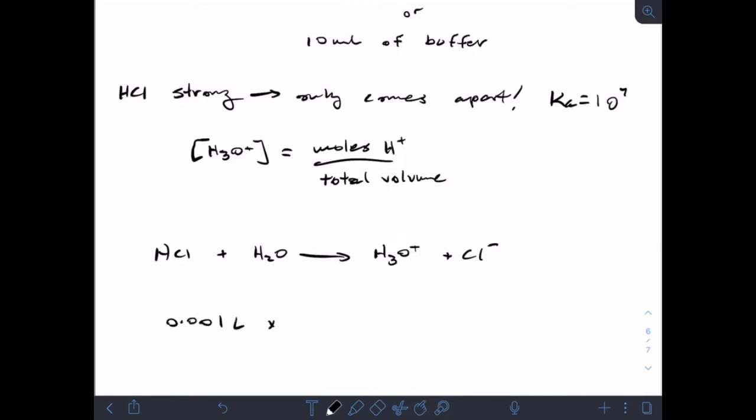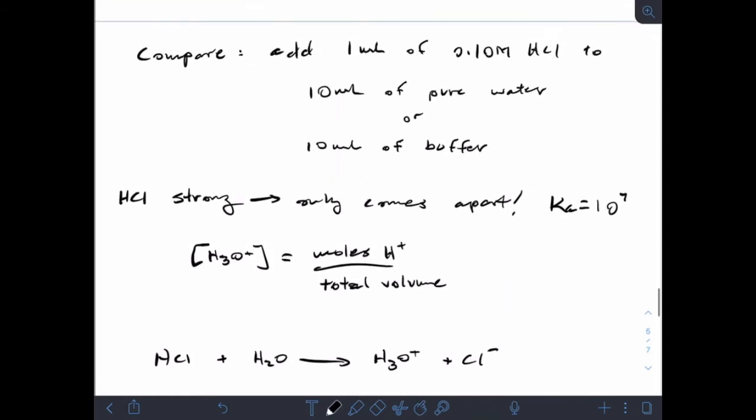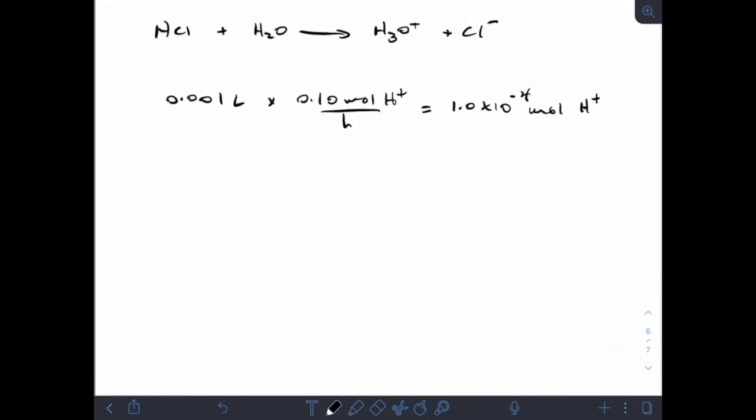0.001 liters times 0.1 moles of H plus per liter means that I have 1 times 10 to the minus 4 moles of HCl, or H plus. So my total volume here, remember we're adding 1 milliliter to 10 milliliters of pure water, so my total volume is 11 milliliters.